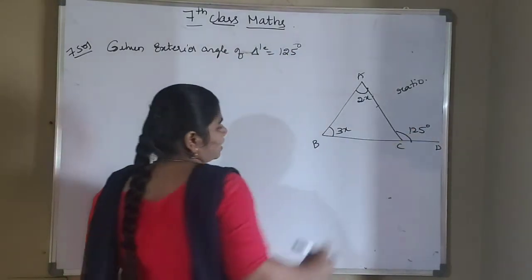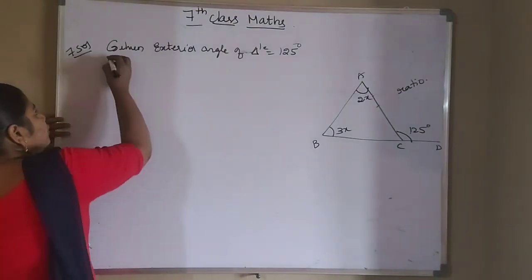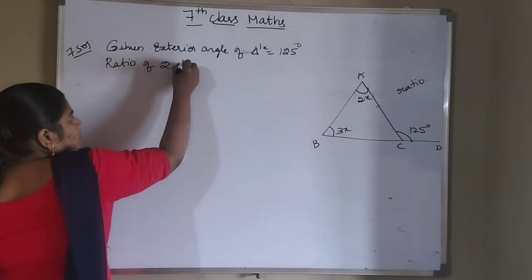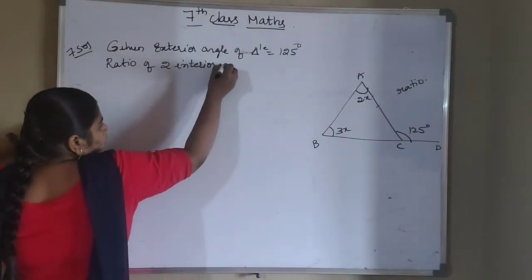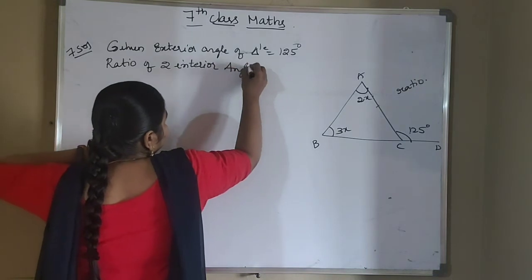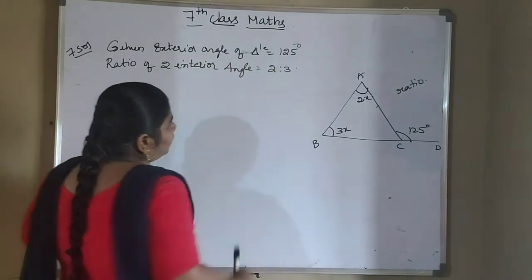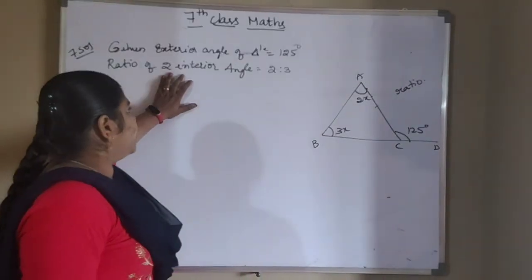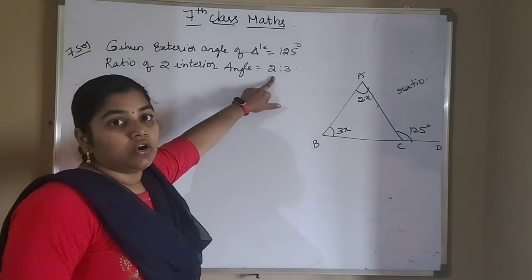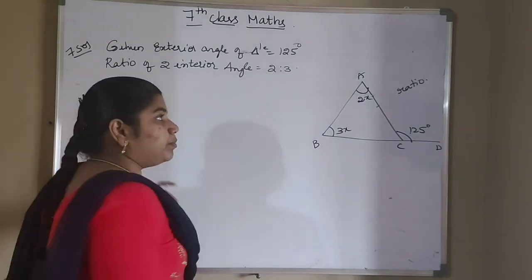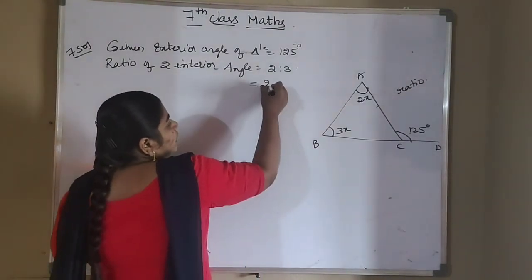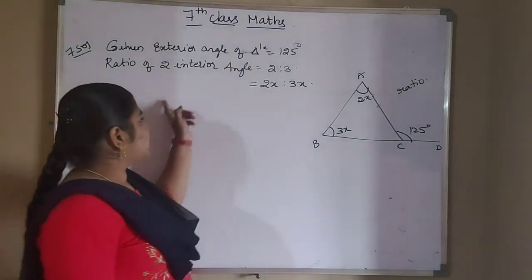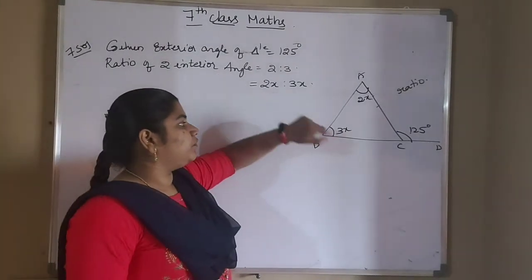This part they have given as 125, and the ratio of the two interior angles is 2:3. Already I told you that ratio is nothing but multiples of the given values, so we can write them as 2x and 3x. Okay. So the first angle is in the form of 2x and the second angle is in the form of 3x.